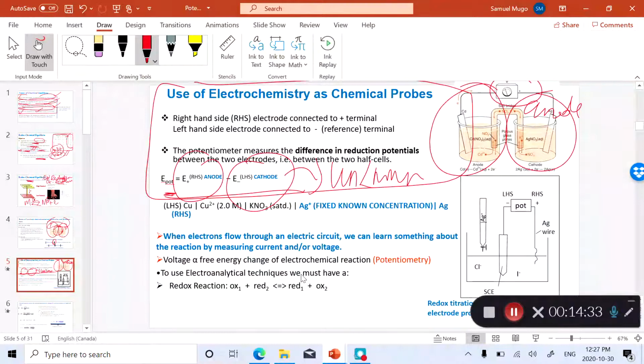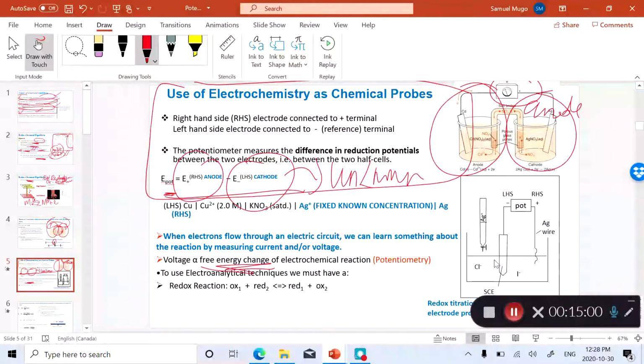All right. So remember, in potentiometry we are measuring the voltage. In potentiometry, we are measuring the voltage associated with the redox reaction. And so you can use these kinds of probes for applications such as determining the end point of a titration.